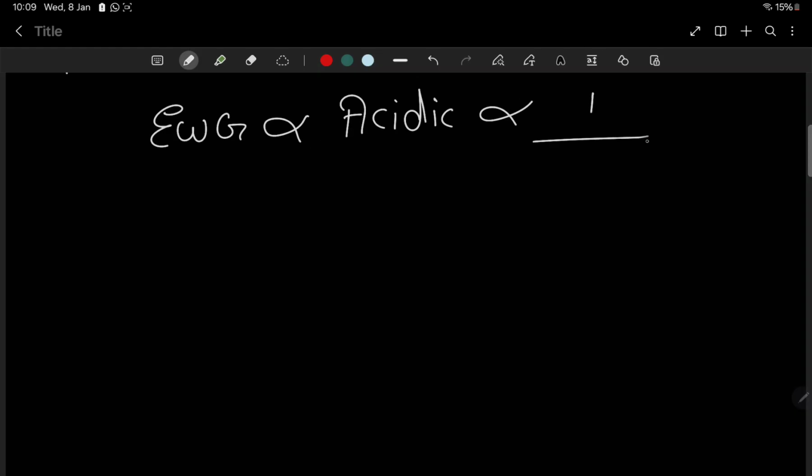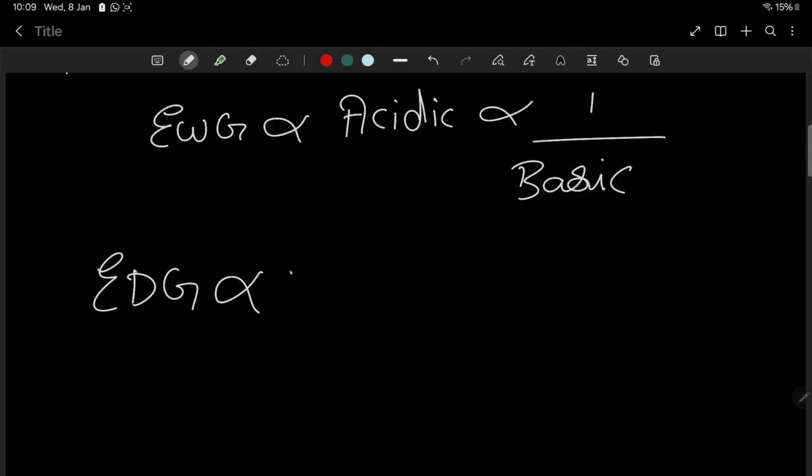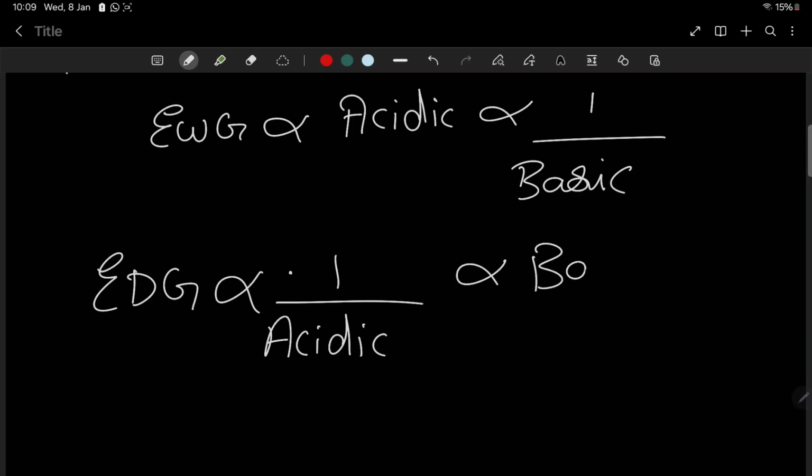You remember I told you that electron withdrawing group is directly proportional to acidic character. This means it is inversely proportional to basic character. Electron donating group is inversely proportional to acidic character, so it is directly proportional to basic character.